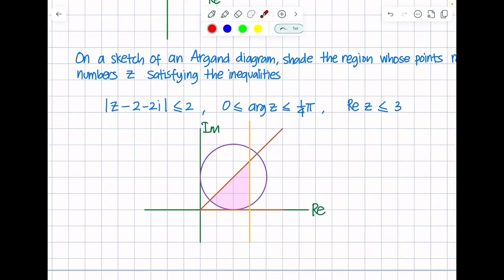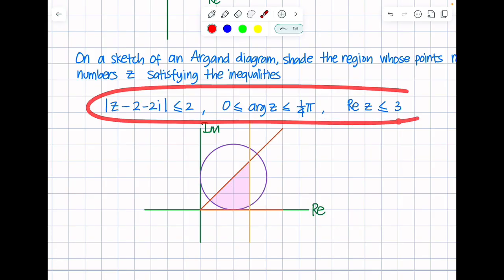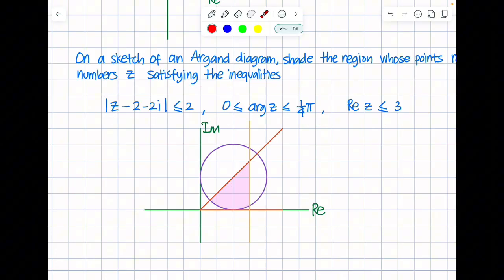And for real z less than or equal to 3, we shade the left part. Then all the 3 inequalities intersect in this region.